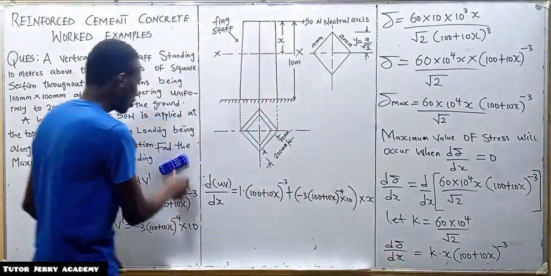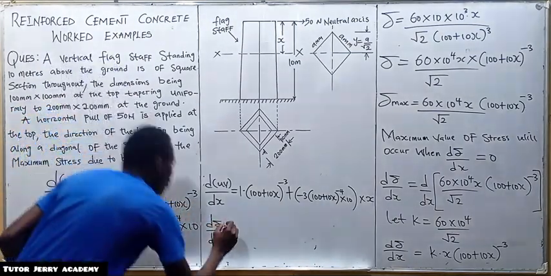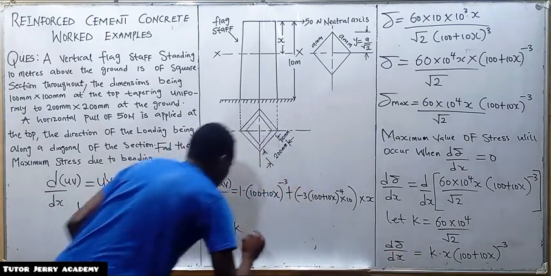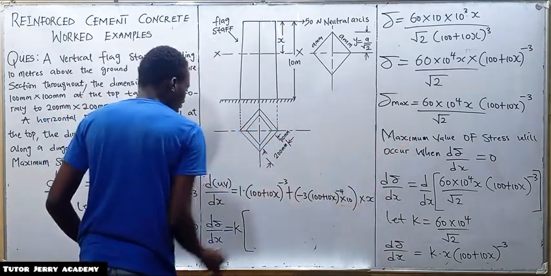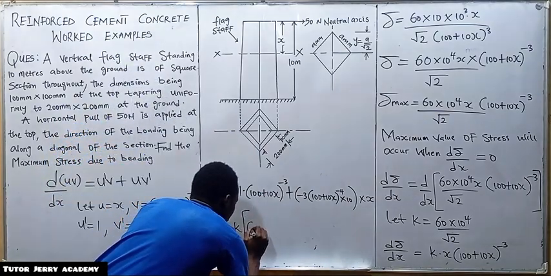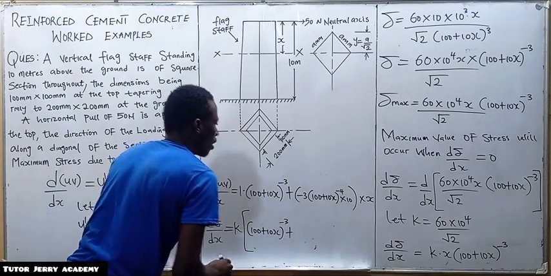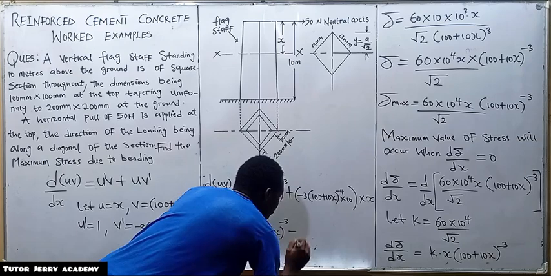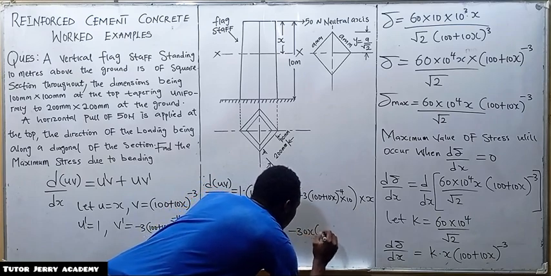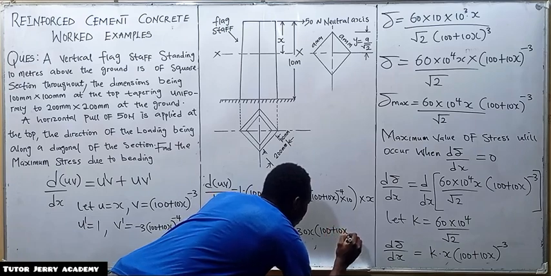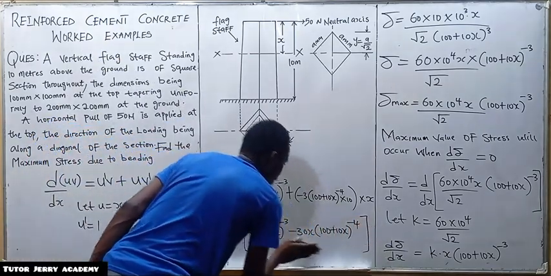So d sigma over dx will be equal to k, which is multiplying everything, into 1 multiplied by (100 plus 10x) to the power of minus 3, plus minus 30x into (100 plus 10x) to the power of minus 4. Don't forget to close your bracket. This is what we have.